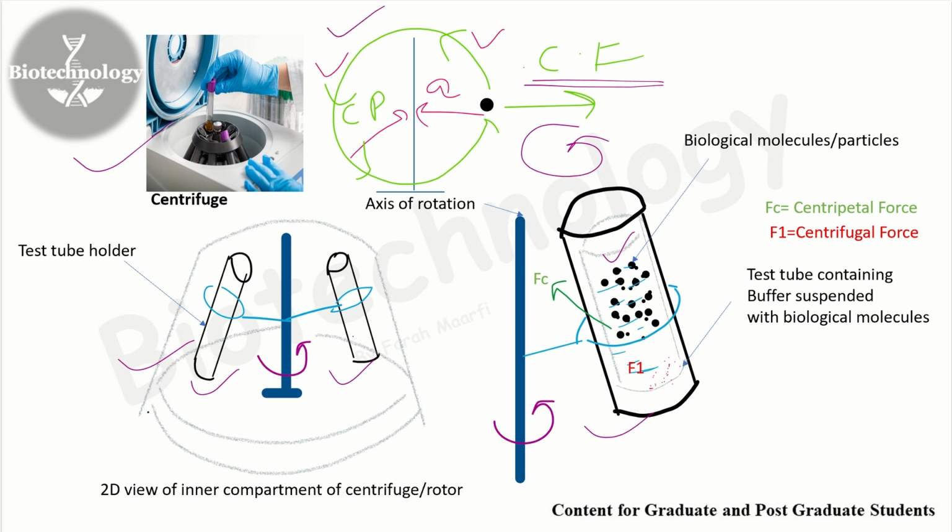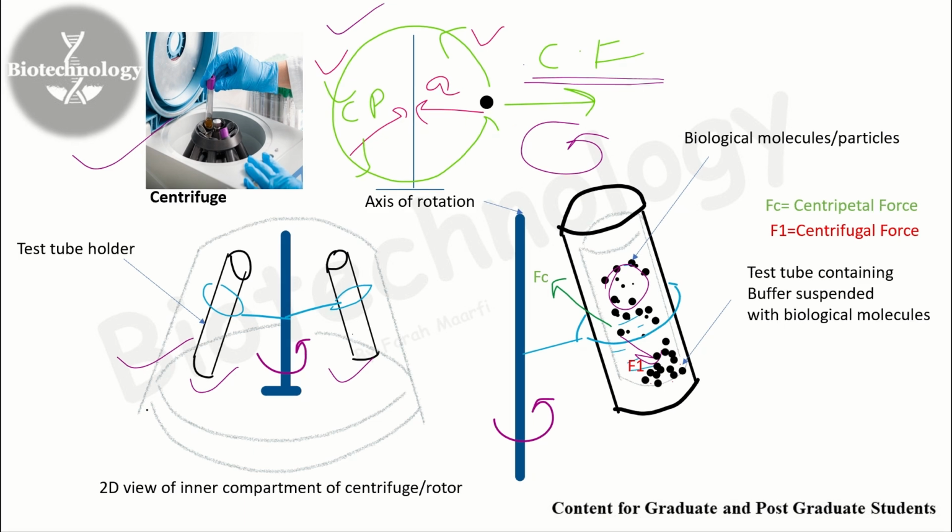The particles experience a rotation when some speed is applied to the rotor, and due to the speedy rotation the pseudo centrifugal force is felt by the particle inside the tube. The centrifugal force here drags the particle away from the axis of rotation towards the bottom of the tube, and the particles will settle down here like this under the influence of centrifugal force. So this was all about the principle of centrifugation and sedimentation.